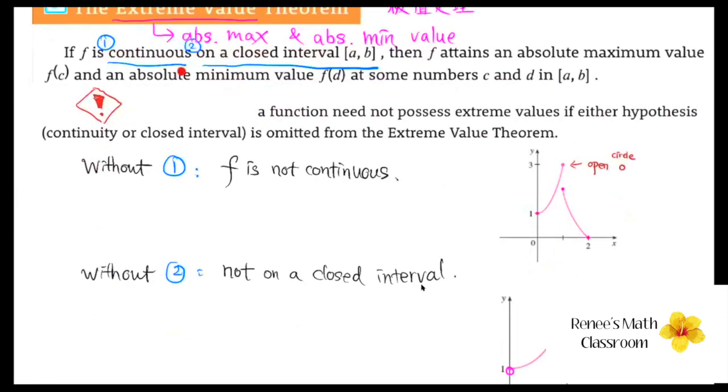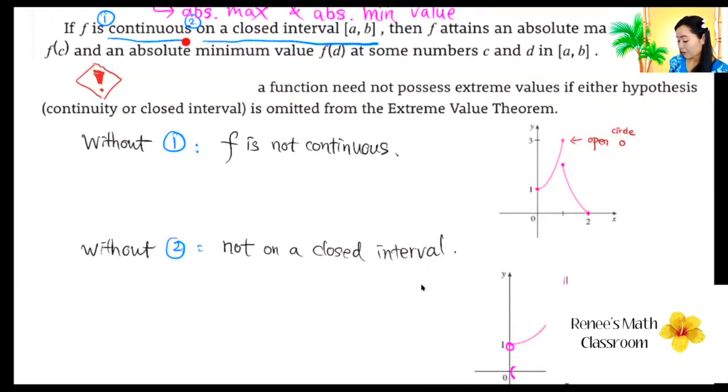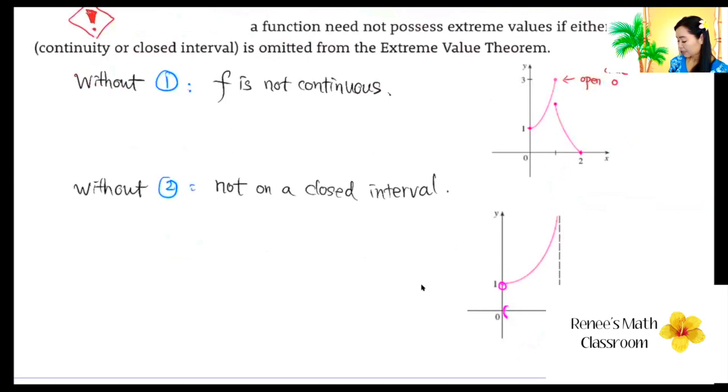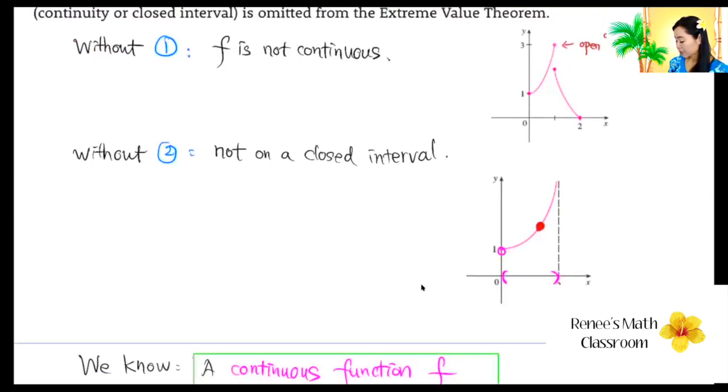Now let's take away the second hypothesis, the closed interval. So the function is continuous, however, it's not on a closed interval. Then there's no guarantee that the function attains a maximum and minimum on that interval. Let's see over here. This function is continuous on this open interval.